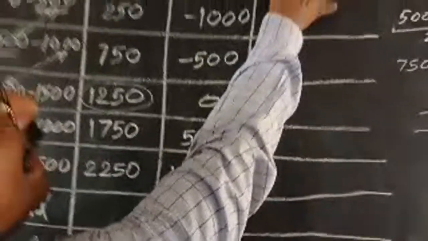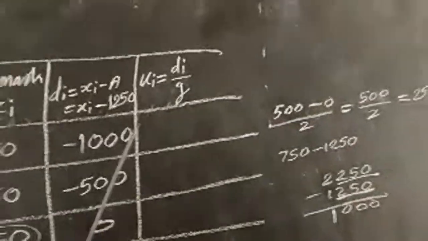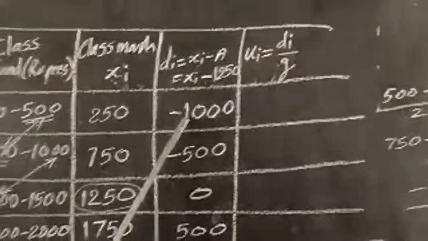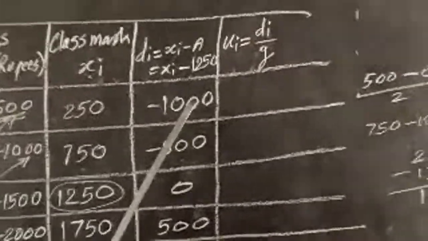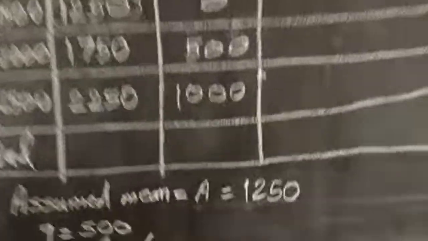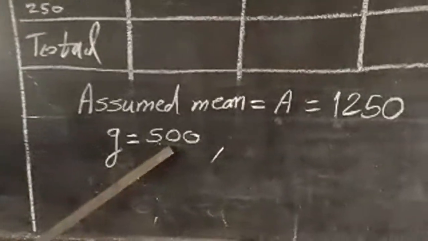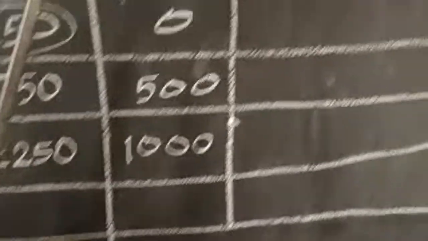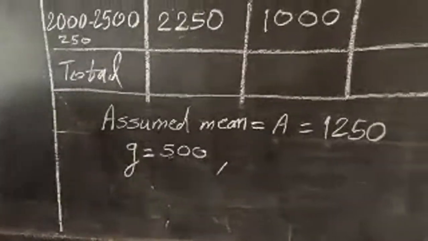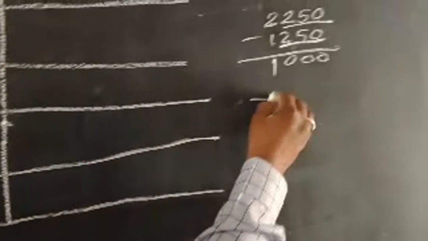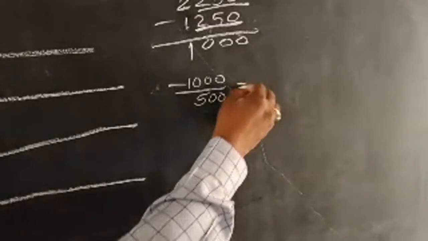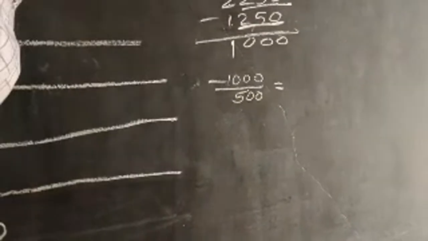Then di, here di is x minus 1000 divided by h. Value of h is 500. Minus 1000 upon 500, what we get?